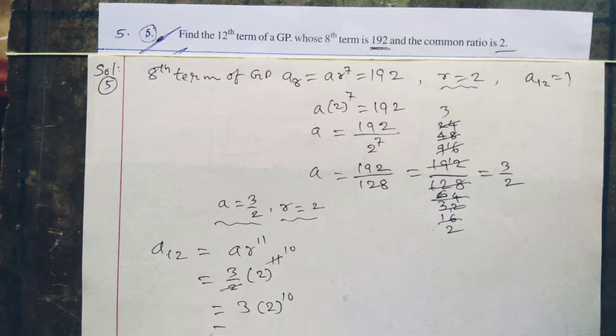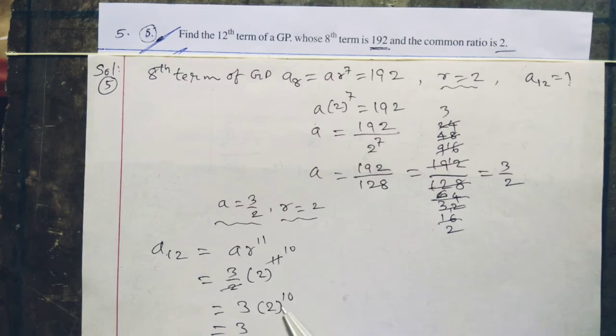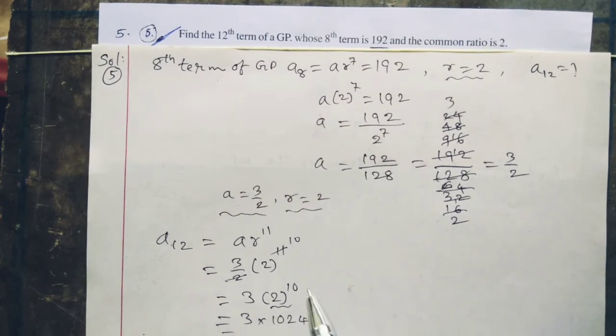We can simplify this: 2 to the power of 10 is 1024. So 3 into 1024 is 3072. This is the 12th term.